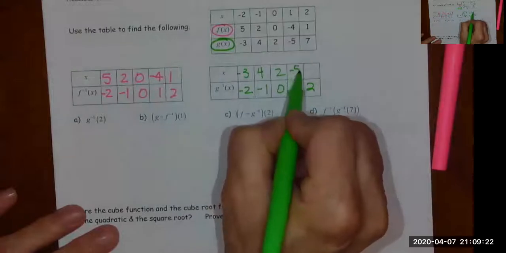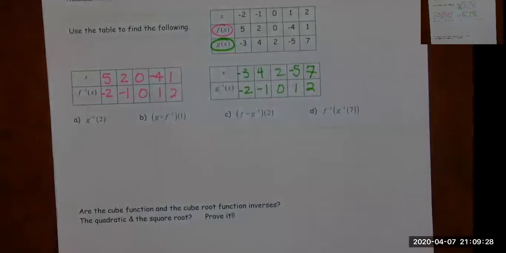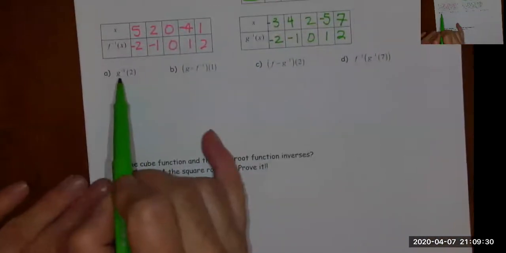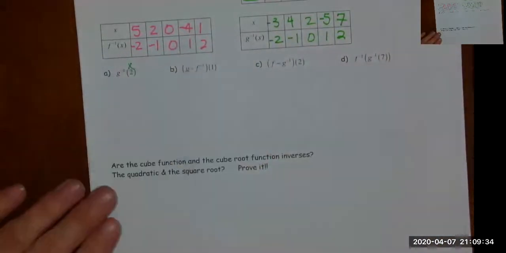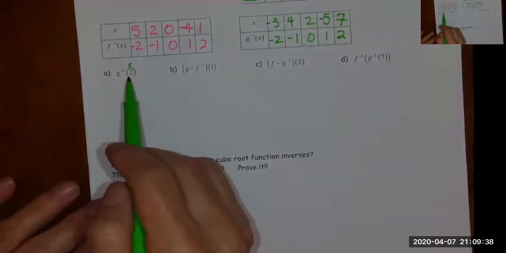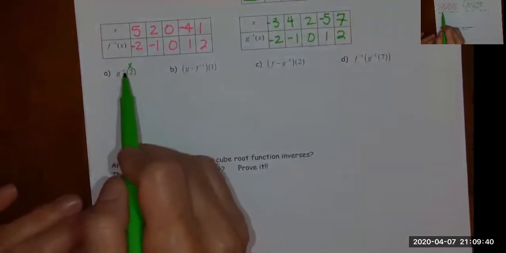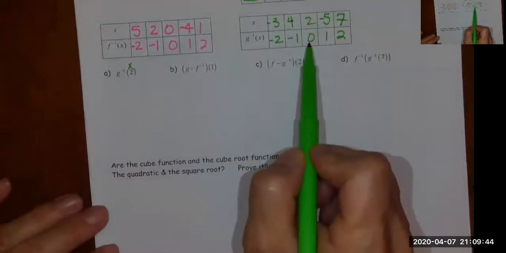Pause this if you want to for a minute and look at how we just switch the numbers. Once you switch the numbers, this is very easy to read. So it says the inverse. Now remember, when you see something in parentheses, that's always an x. So this says if x is 2, what is y? And they want you to look at the inverse. So on the inverse 2, what is the answer? 0, right there.